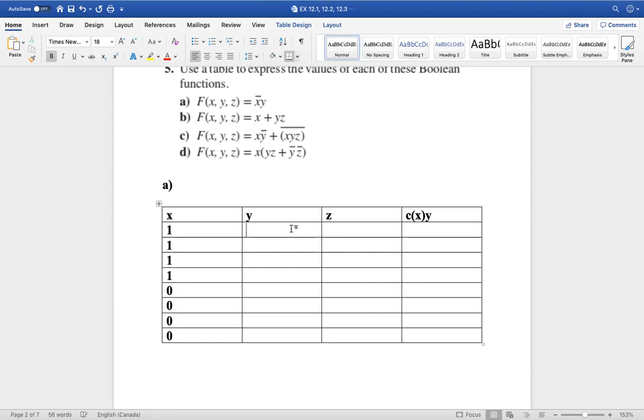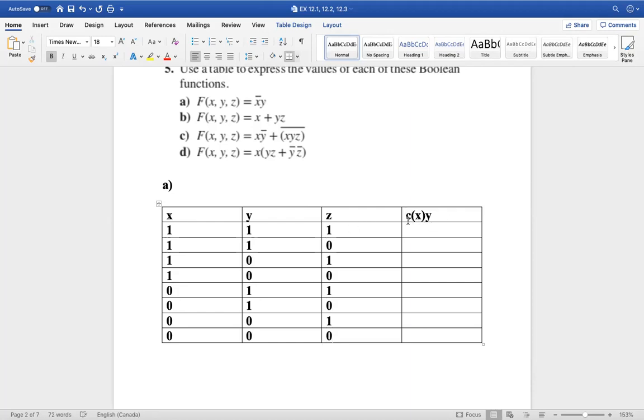For y we have 1, 1, 0, 0, 1, 1, 0, 0. And z is 1, 0, 1, 0, 1, 0, 1, 0.